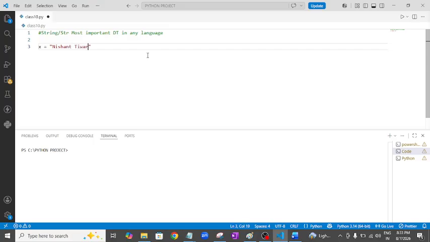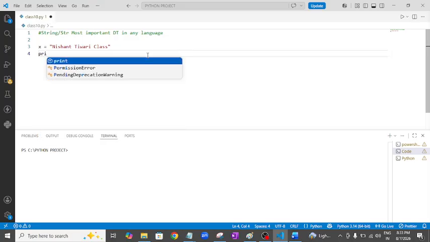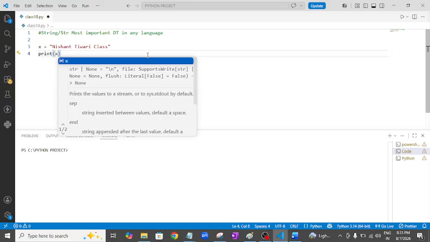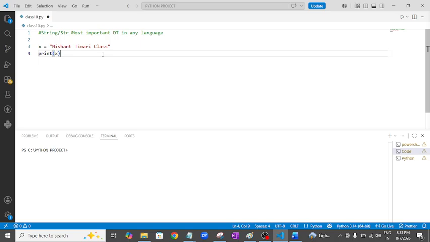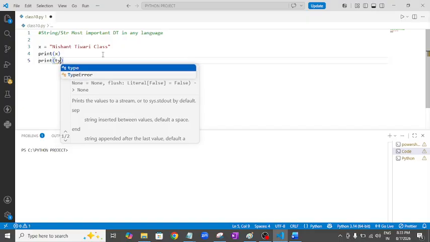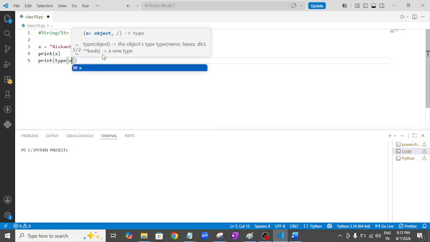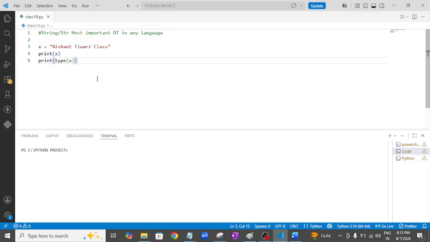This is just a revision so that you come in the flow. We can print x, and now we are in a position where we are able to understand what exactly we are doing.